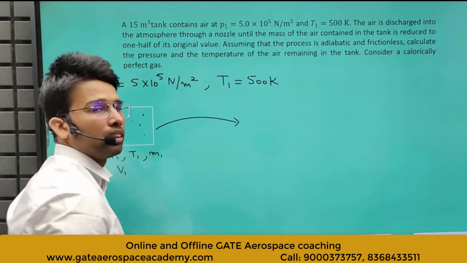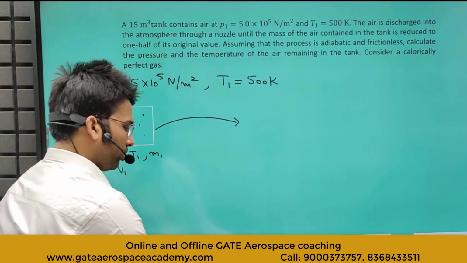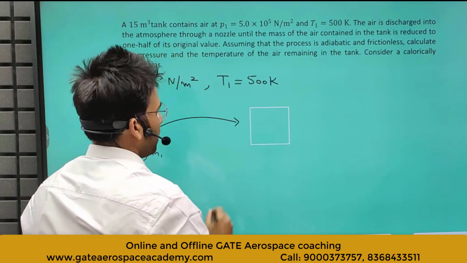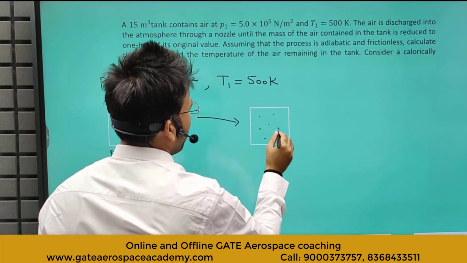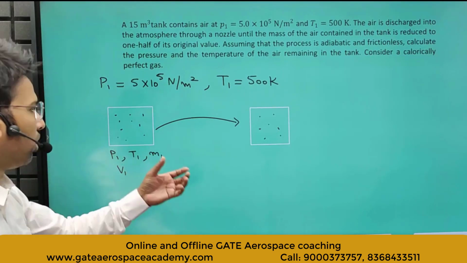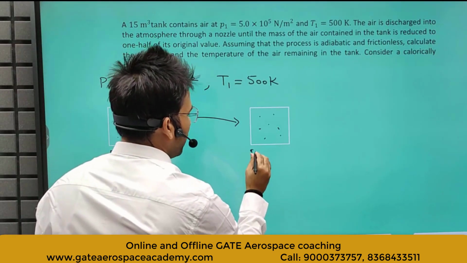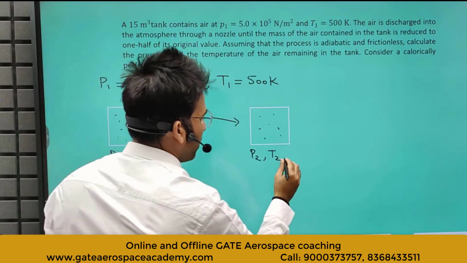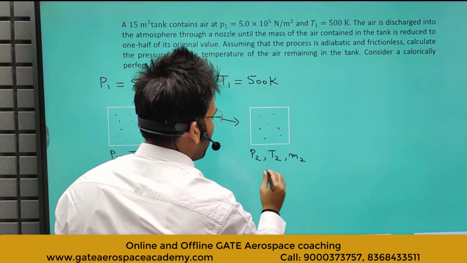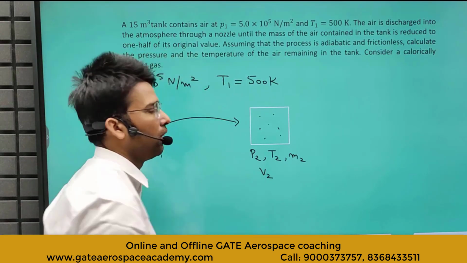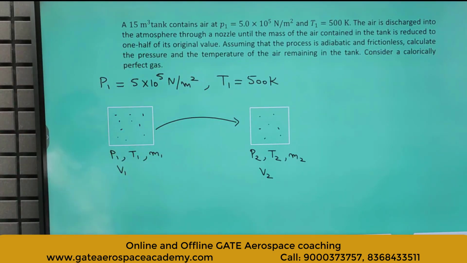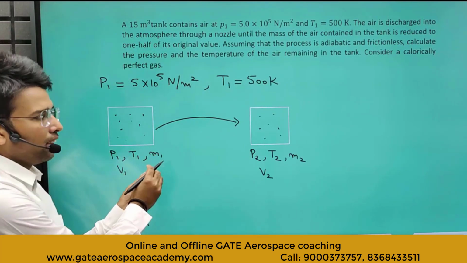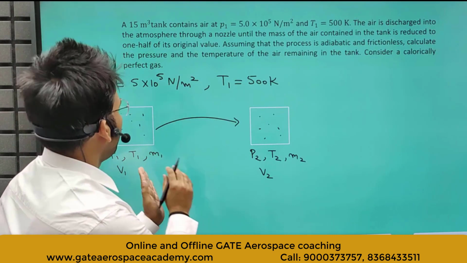This state is getting changed, right? Now at state 2 again we have air, but mass is half of initial. So at state 2 we have P2, T2, which we have to find out, M2, volume V2, right?